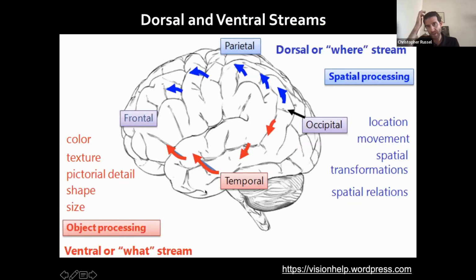Okay. So here's a little diagram that kind of shows that a little bit more, and you can see how there's these two streams. In typical visual processing, they're constantly working together. In CVI, they're not working well together, and dorsal tends to develop before ventral.